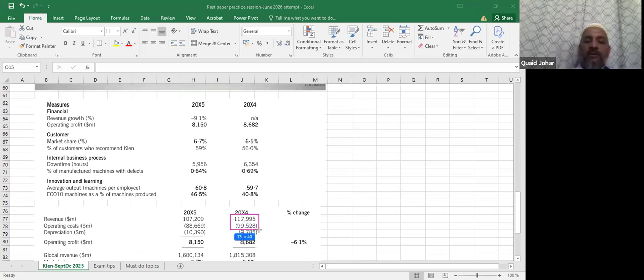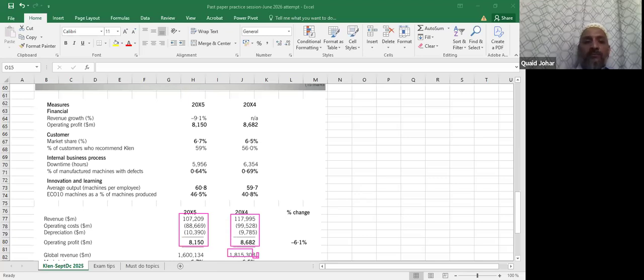Operating cost excluding depreciation was 99,528, and less the depreciation gives you 8,682. And the sales in 2005 was this much, less the operating cost and depreciation gives you 8,150. So this was the operating profit required in the question. And then the global revenue was this much, 1,815,308, as I showed you in the information above.